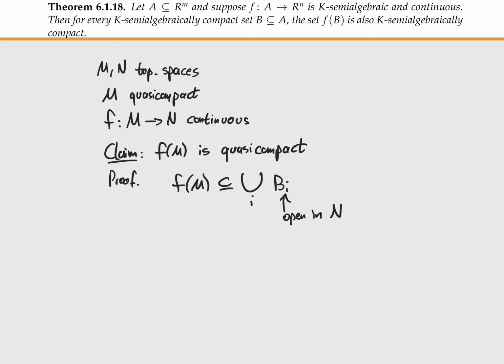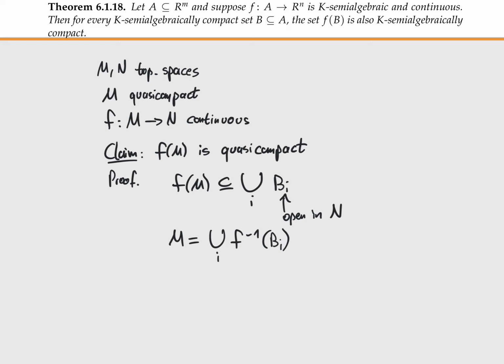I actually see that M is the union over the pre-images of the B_i, right? Because if I have a point in M, then its image is in one of the B_i's, that means this point is in one of these pre-images.